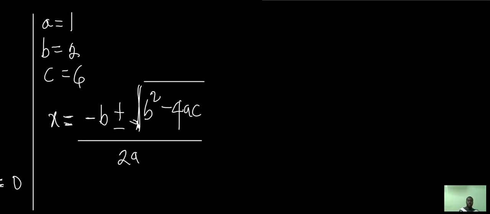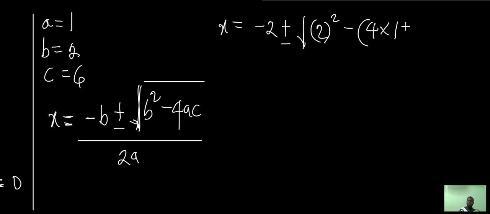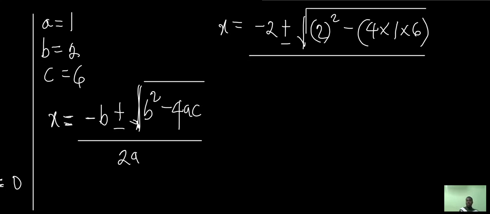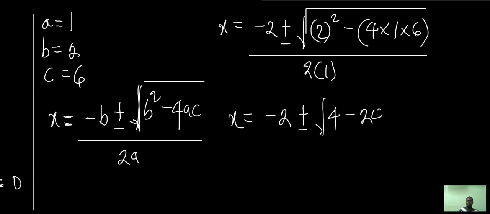Quadratic formula, very applicable. x equals negative 2 plus or minus square root of b squared, that's 2 squared, minus 4 times 1 times 6, all divided by 2 times 1. x equals negative 2 plus or minus square root of 4 minus 24, all divided by 2.